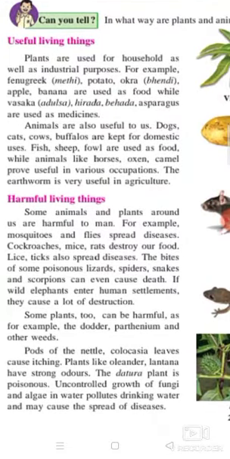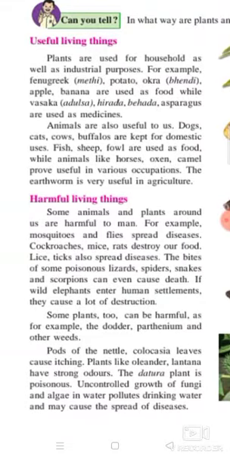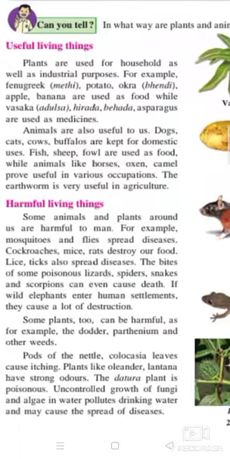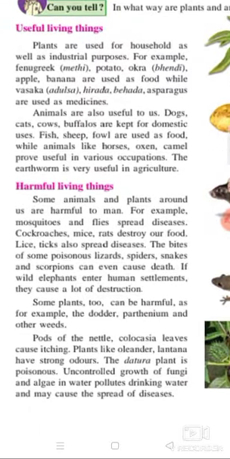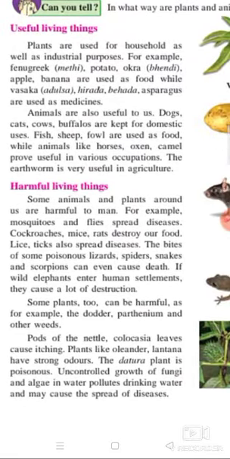Some animals and plants around us are harmful to man. For example, mosquitoes and flies spread diseases. Yes, mosquitoes and flies spread diseases that can cause malaria, filaria, these types of diseases. Also dengue, chikungunya. So like that, all diseases.